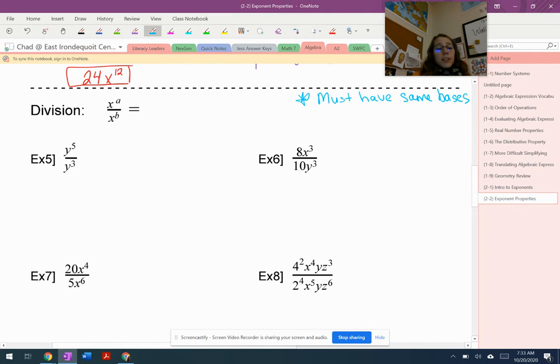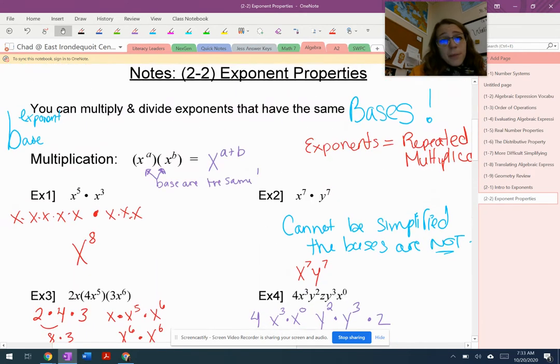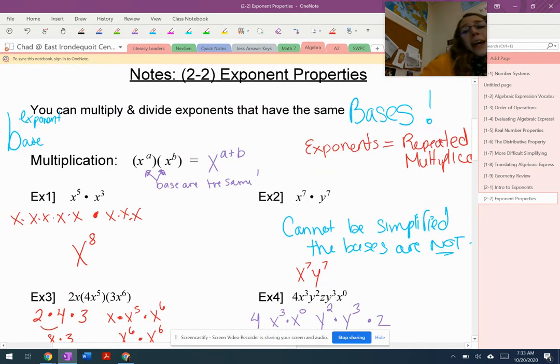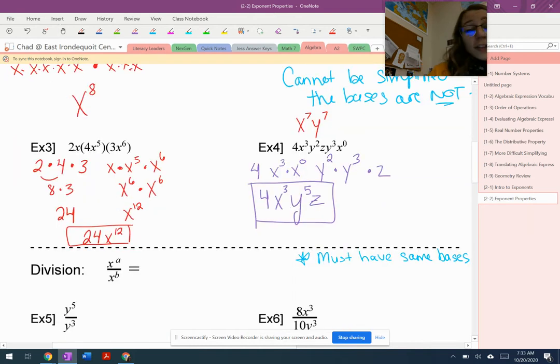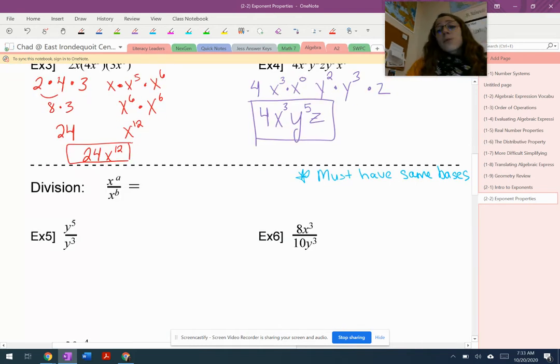When I'm doing division, you might be able to put together the pattern, or you might remember it from last year. When we had multiplication of the same bases, we were able to add those exponents. Now, when we have division of those same bases, we're going to be able to subtract those exponents. Or what I like to do more often is actually just cancel them out.